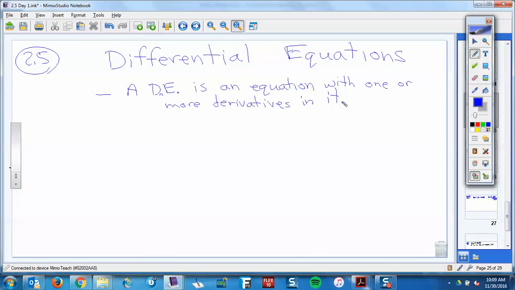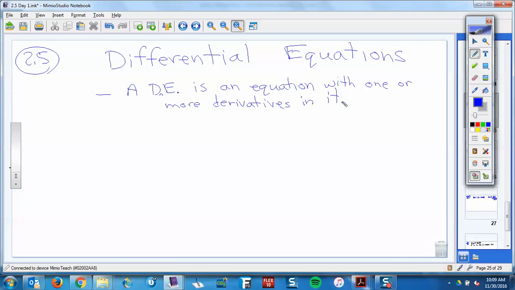Now, think about a quadratic equation. What do you have to have for something to be called a quadratic equation? Squares. It's got to have an x squared in it as the highest power, and then it's a quadratic equation. A linear equation has to have x to the first as the highest power. A trig equation has to have a trig function in it, right? A differential equation has to be an equation with a derivative in it.